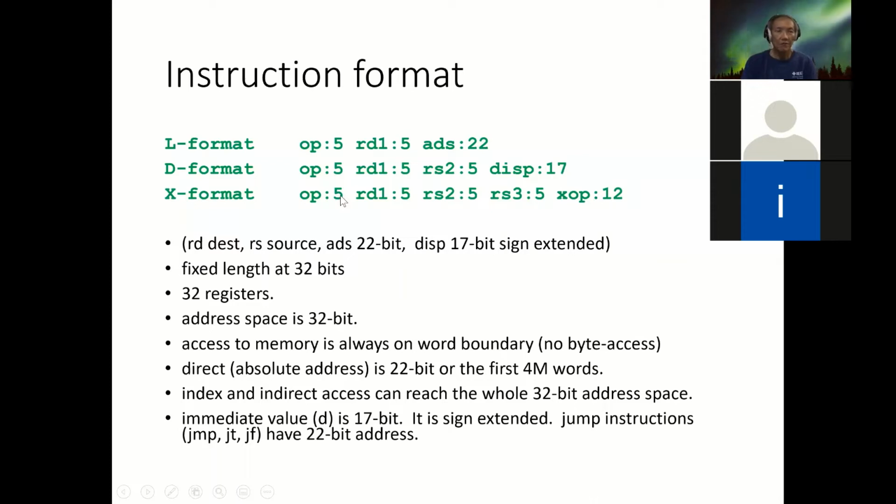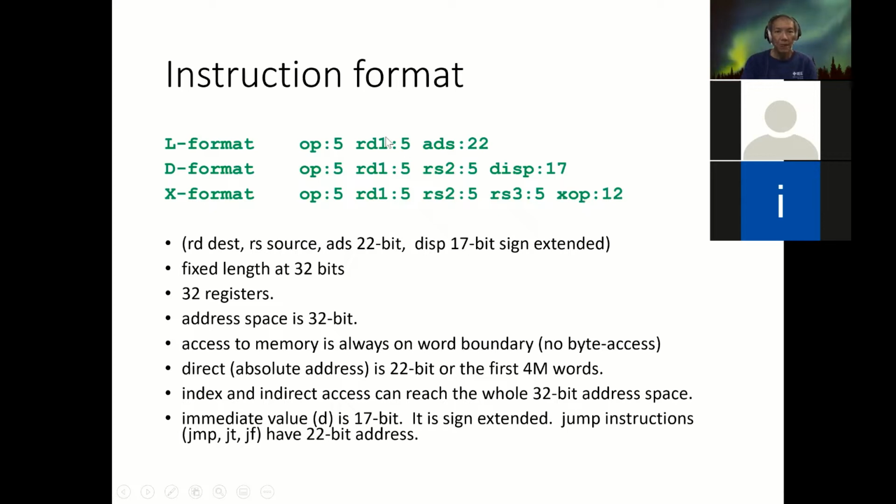Modern CPUs have say 200-something. So to extend that, we have this kind of trick. We specify some code that we can have another 12 bits to extend to different kinds of operation code.